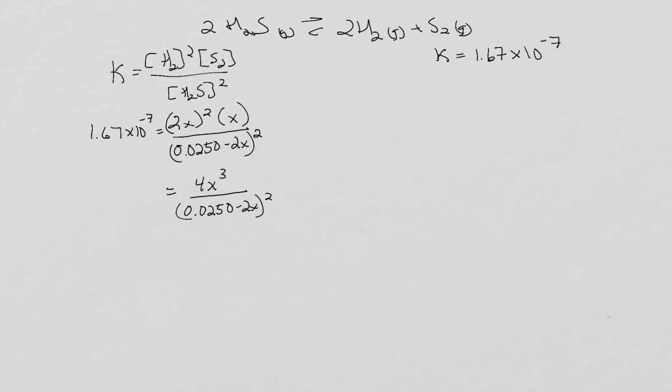When we get to this point, this is where we start to think, okay, this is not going to be something I can solve directly. It's not going to be something that I can solve using a quadratic. I'm going to have to use a higher order expression to solve this if I leave it this way. So this is where the approximation comes in. And remember, that approximation is taking changes in terms of x and setting them equal to 0.